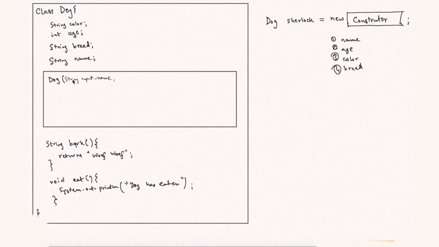So the input name should also be string. Next, we want an integer that would give us the input age, right? And so this is an integer that is input age. The third thing would be a string that would be input color. And the fourth thing we wanted is also a string, and that will be input breed.